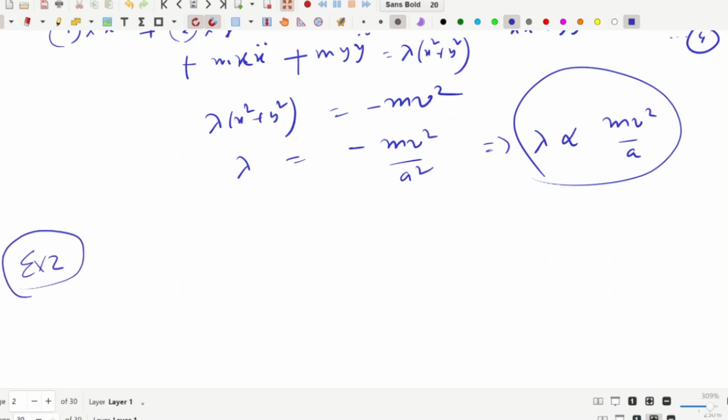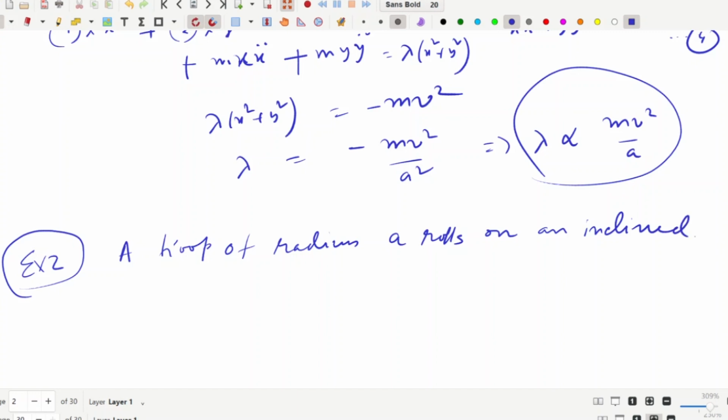Let us consider another problem: a hoop of radius a rolls on an inclined plane.